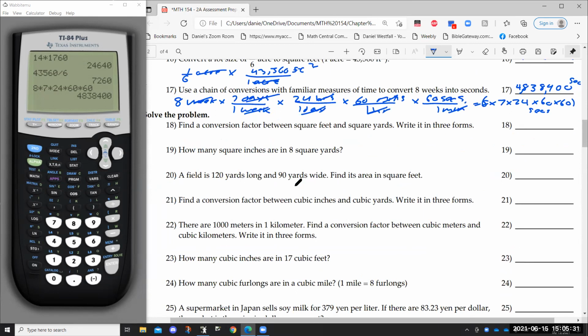Okay, so find a conversion factor between square feet and square yards. I already did this earlier. It says write it in 3 forms. So 1 square yard, sorry, this is square feet in square yards. So that's going to be 3 feet by 3 feet.